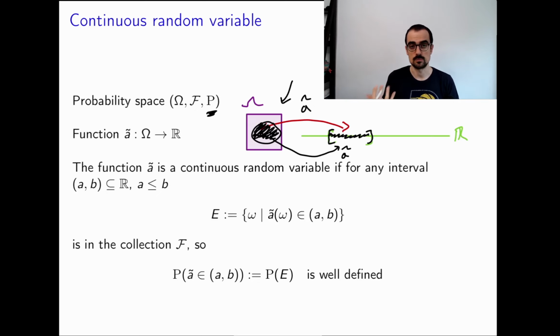Because of the properties of probability spaces, and in particular the properties of the collection of events within a probability space, any event mapping to a union, an intersection, or a complement of intervals is also going to be in the original collection. There's also going to be a probability assigned to it. Those sets have a fancy name, which are called Borel sets. So that's how we define a continuous random variable mathematically.